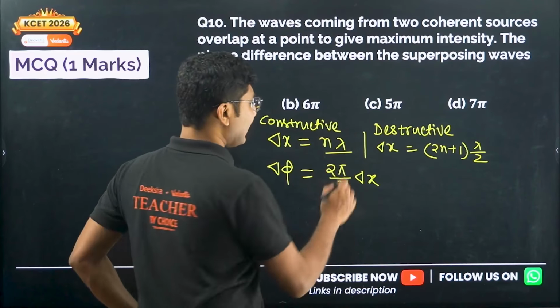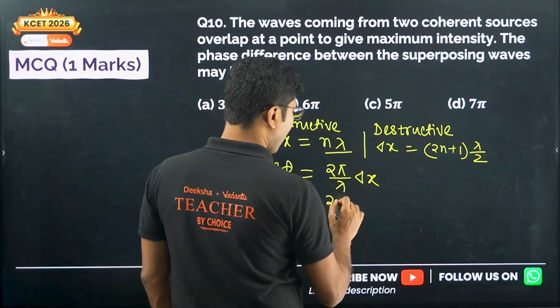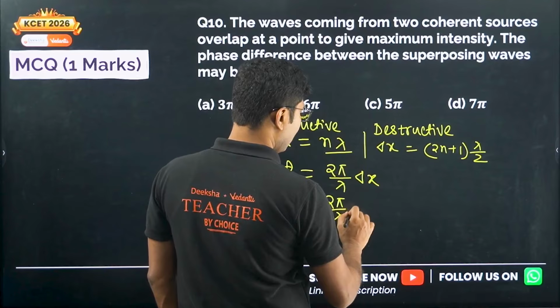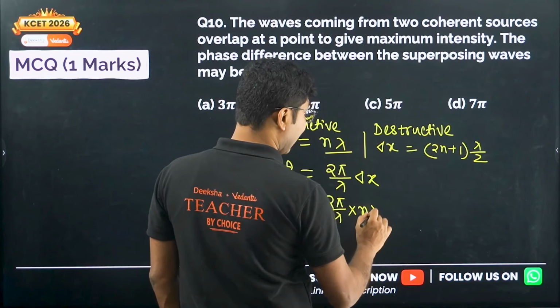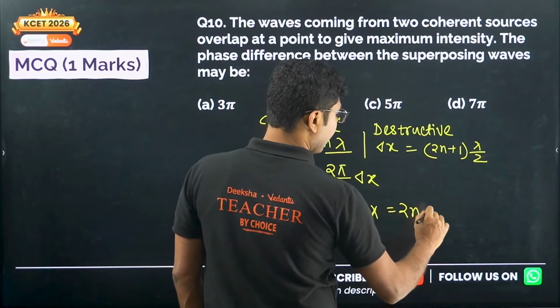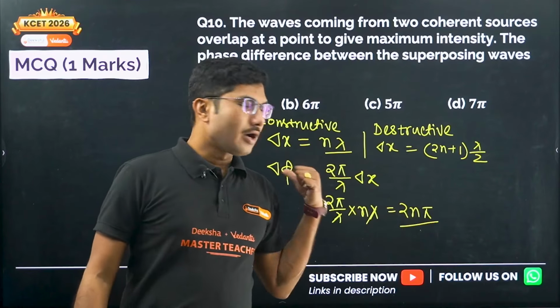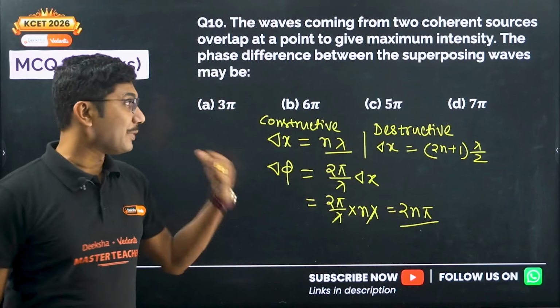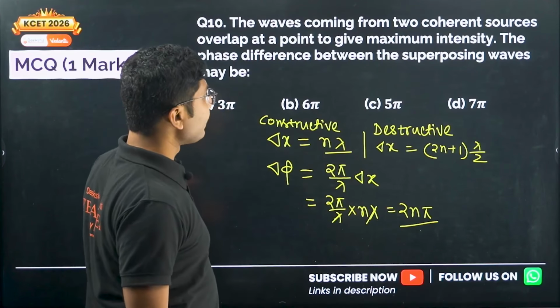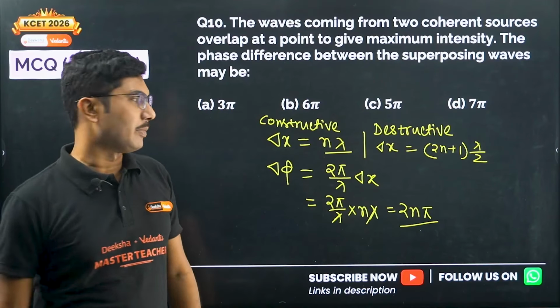So what is the path difference for constructive interference? It is 2 pi by lambda into n lambda. So lambda cancels, and we get 2n pi. So any even multiple of pi can be an answer. Here, 3, 5 and 7 are all odd numbers.